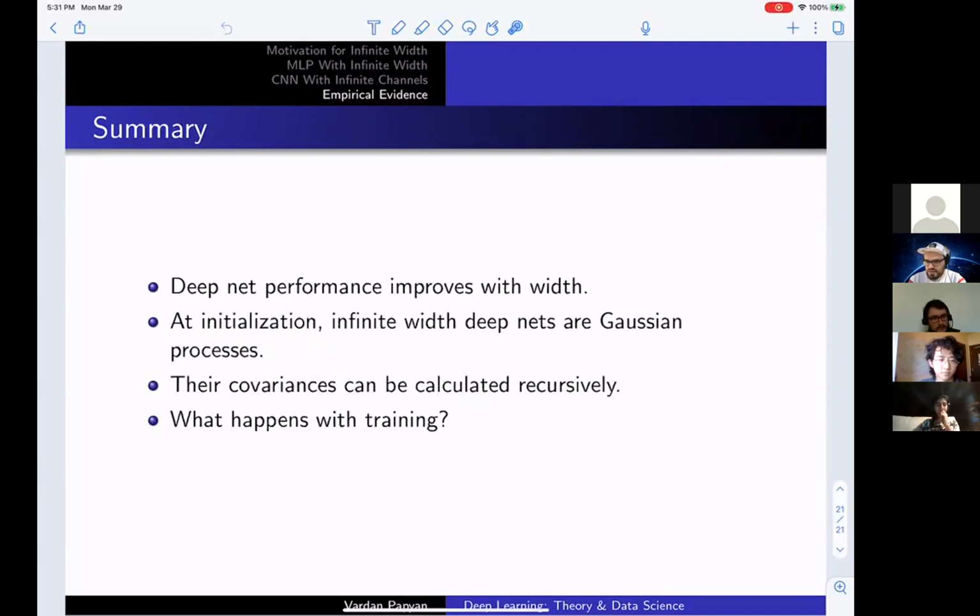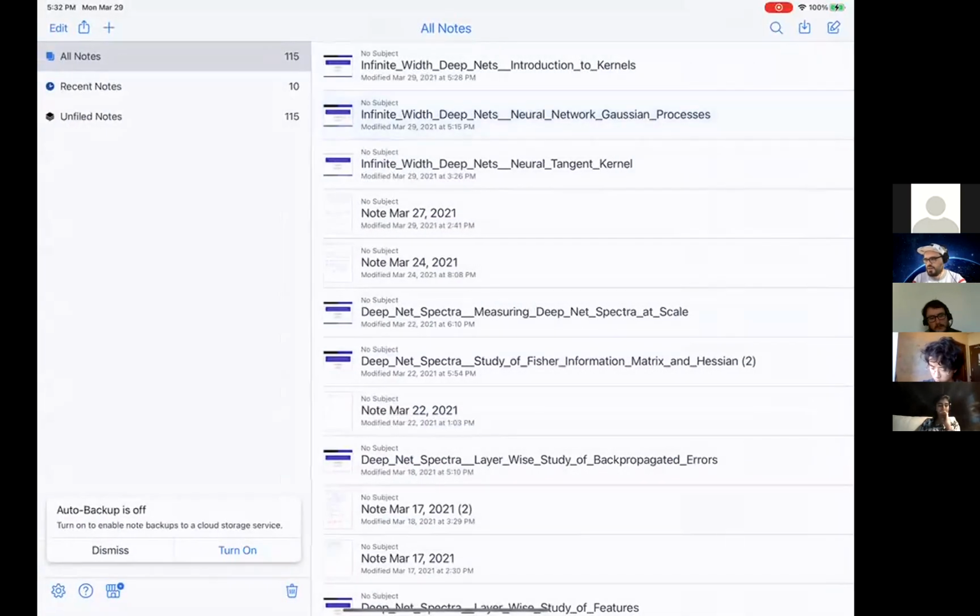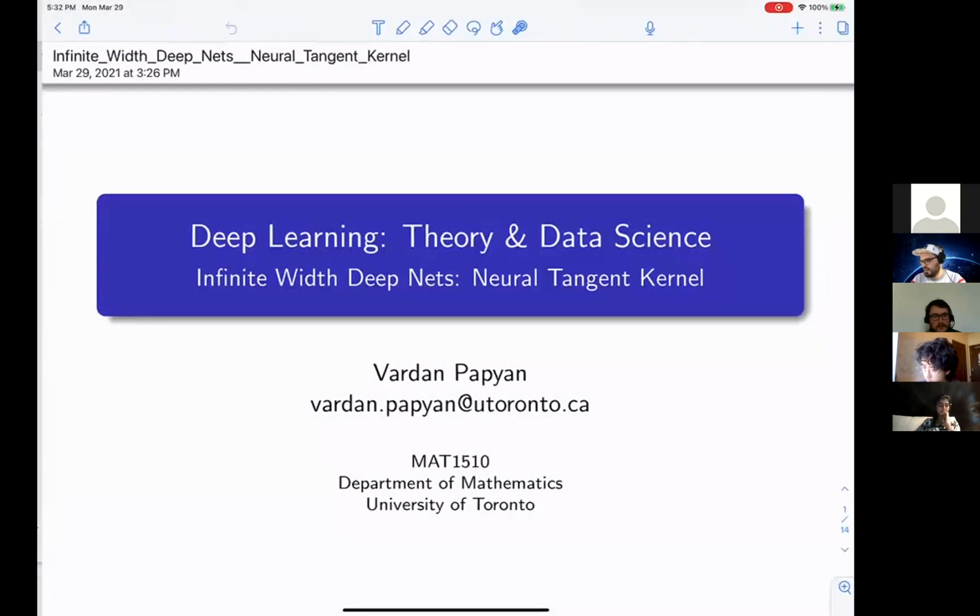We've seen that you can calculate their covariances recursively. And the question is, of course, what happens with training, right? That is the question. And I owe an explanation of how to do the predictions properly, and I will show in the next slides how to do the predictions properly. So that should be more satisfactory than my answer thus far.